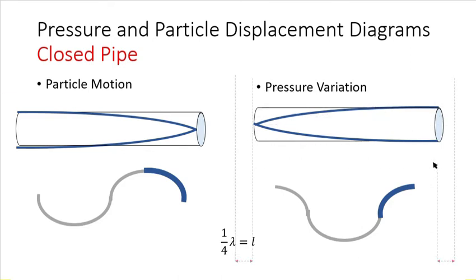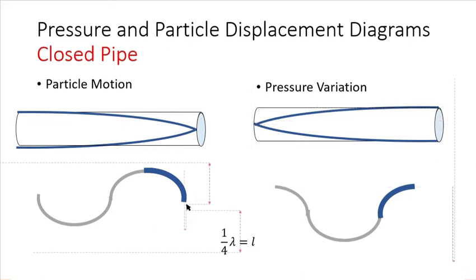So here, rather than being represented as a node in the closed end, it is represented as the maximum antinode phase that can be experienced by a transverse wave, and the open end tends to be the node where you have the least amount of pressure.